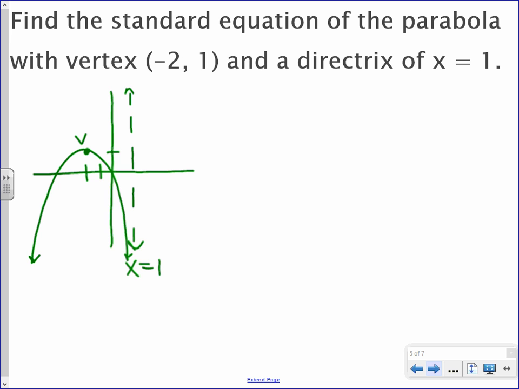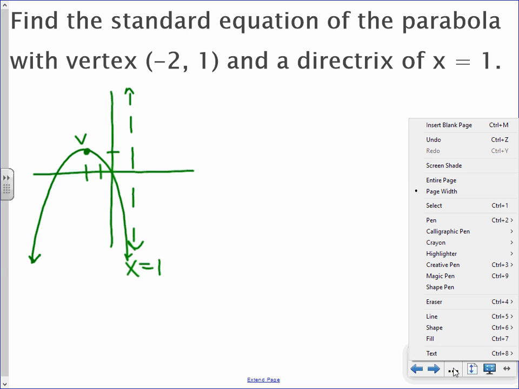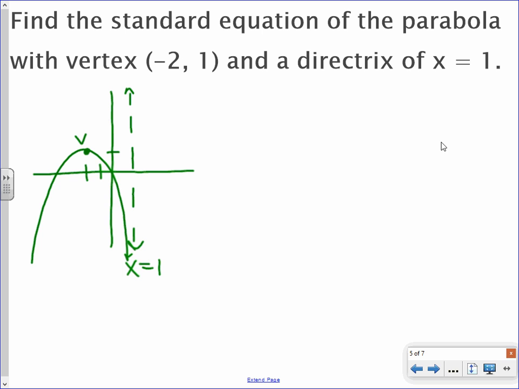Is our directrix parallel or perpendicular to the axis of symmetry? Okay. Is that the case in this picture? Okay. So let's try again. What direction should it open? Like this? Are we going to run into that same trouble with our axis of symmetry?